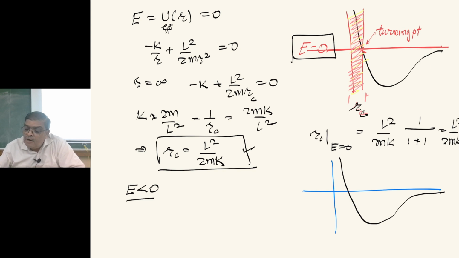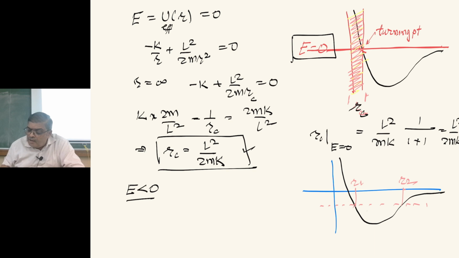And I'm interested in, let us say, E is less than 0. So now there are two turning points. Let me call that R1 and this R2. Is that okay? You can see that R1 is smaller than R2.